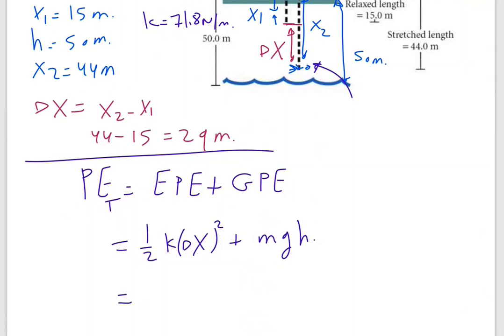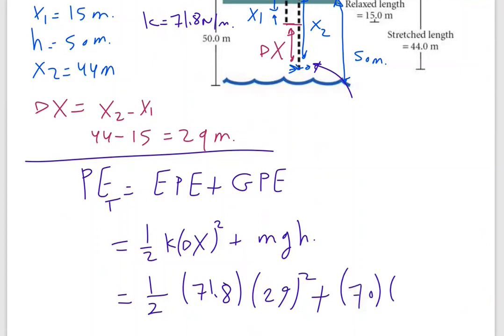Now plug the values you have. Half spring constant is 71.8. The length that's being stretched is 29 squared plus m is 70, g is 10, and the height from the bridge to the surface of water is 50 times.